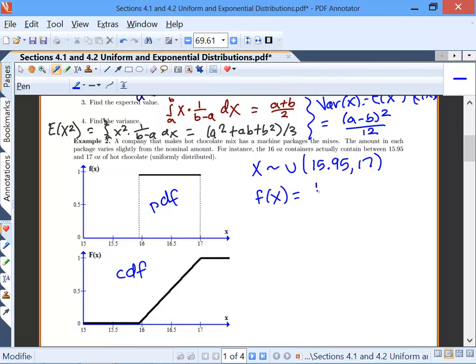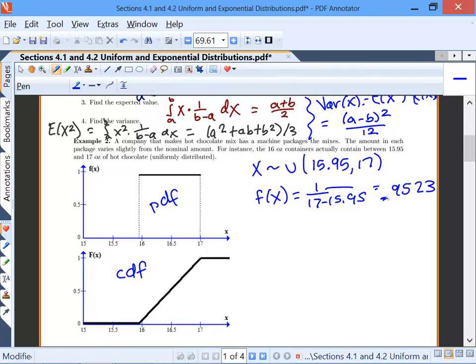We know it's just going to be 1 over 17 minus 15.95, 0.9523. So my PDF is just this straight line at 0.9523.